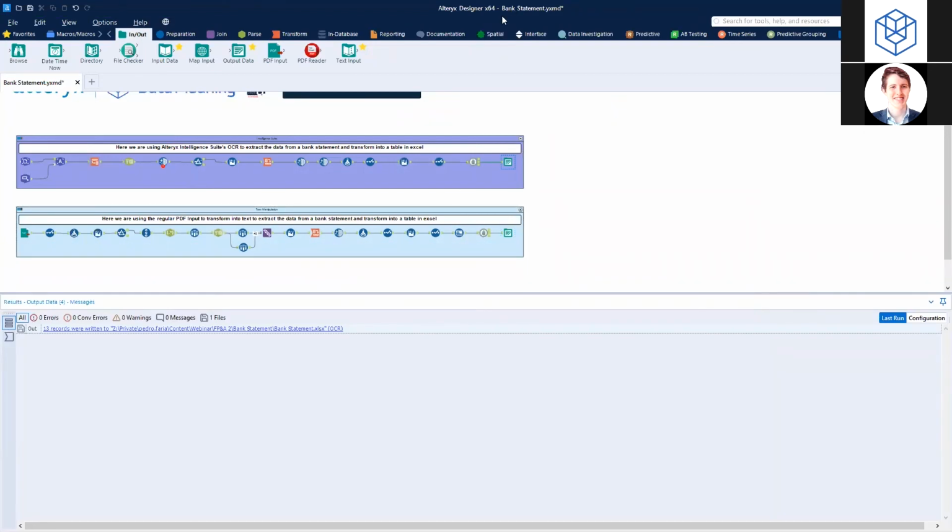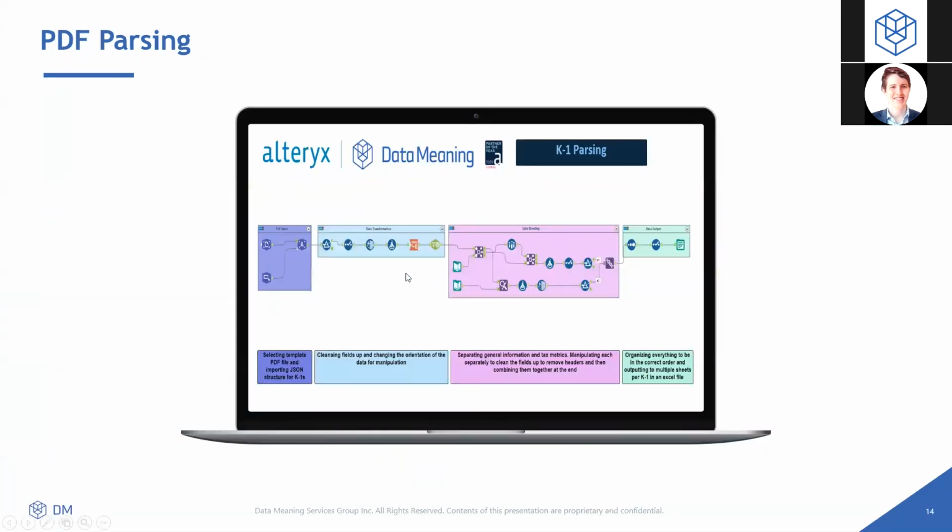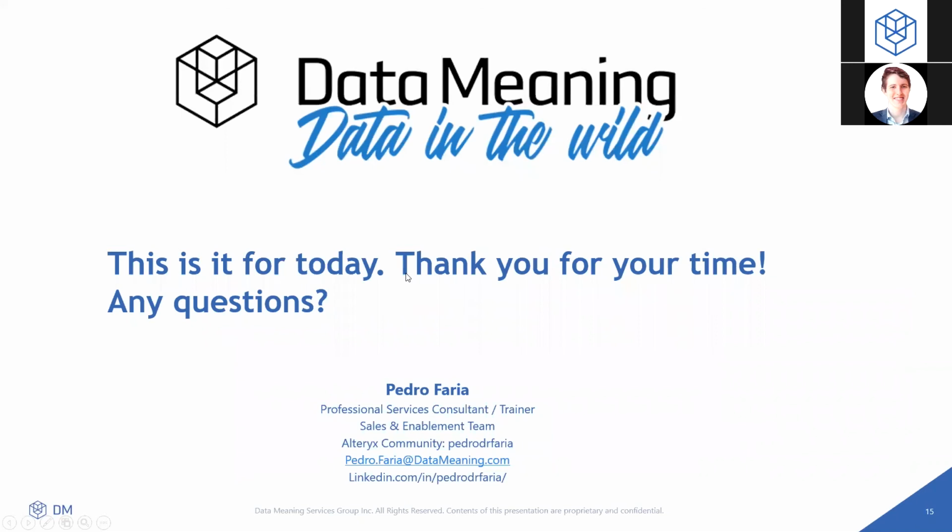Okay, so going back to our presentation, we're close to wrapping everything up. This is pretty much what we had to present to you. All we wanted to do is present a different way that you can manipulate different types of data, whether that be creating modeling, creating some type of manipulation using machine learning, or manipulating PDF files.